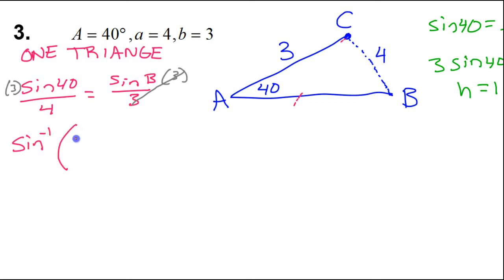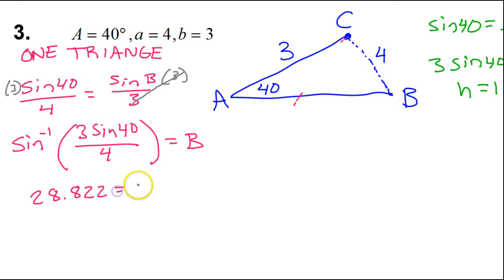So the inverse sine of 3 sine 40 over 4. That should give me angle B. So I'm just going to put this whole thing in my calculator. So I am getting 28.822, and that's going to be B.